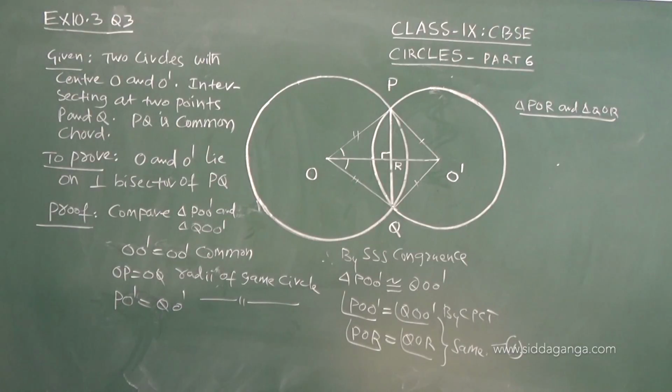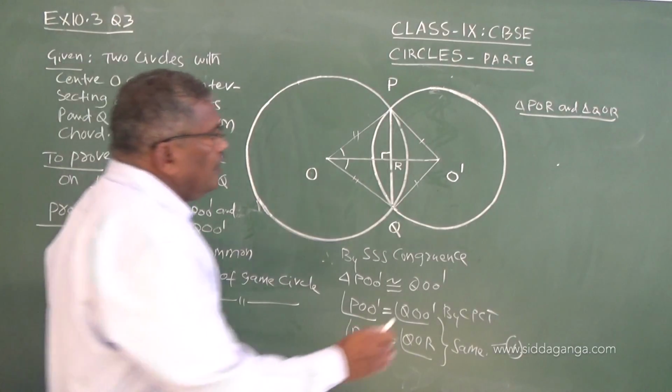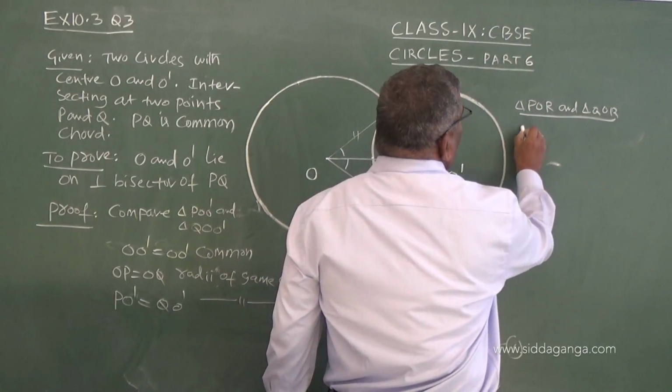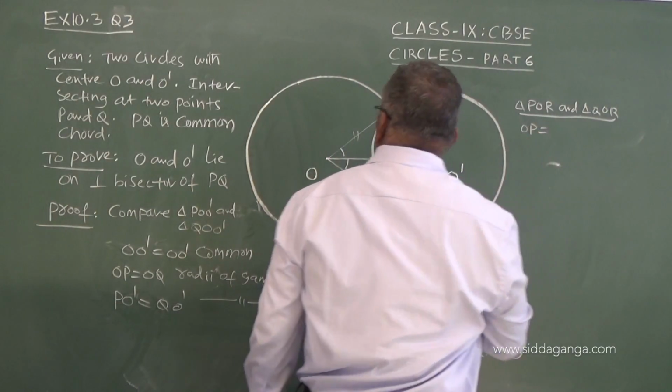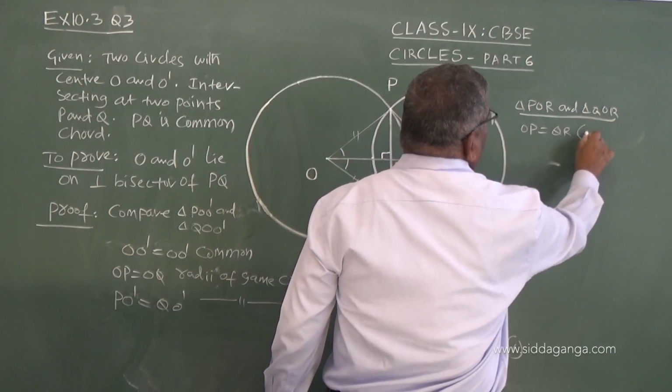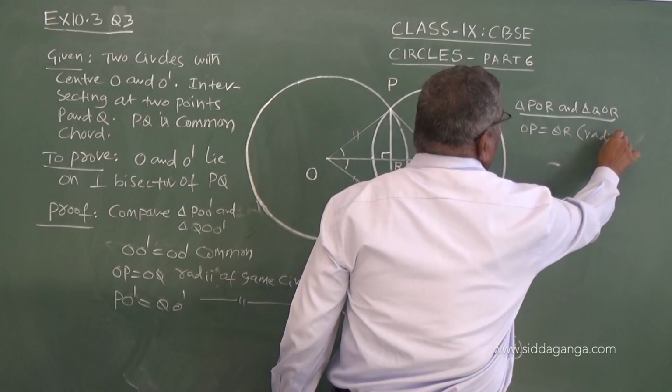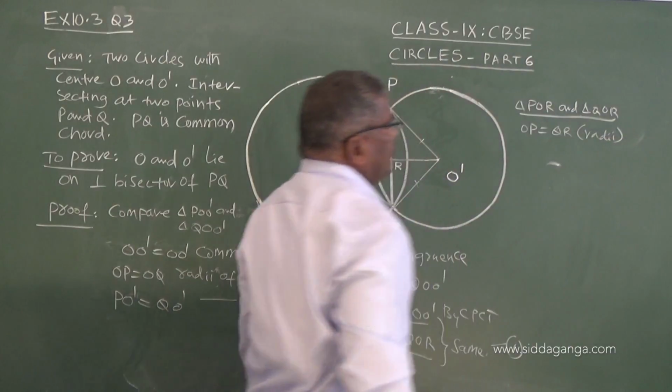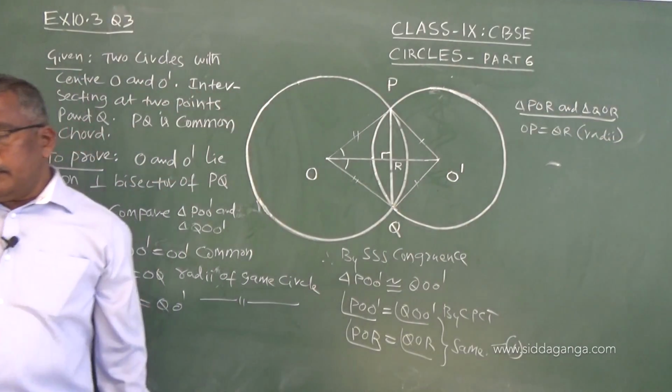So now OP equals OQ, radii of the same circle, similar procedure.